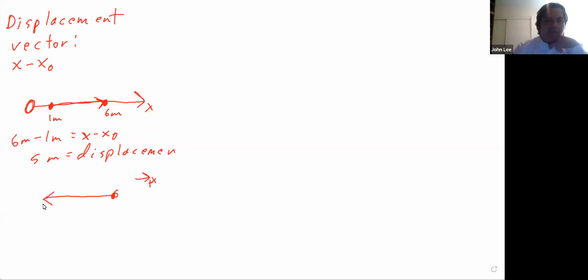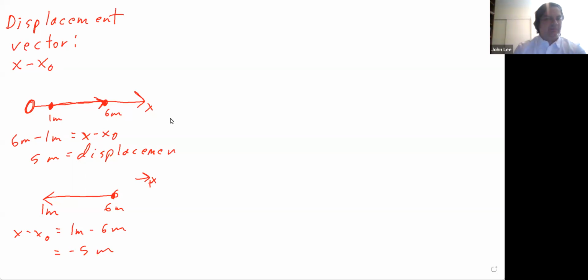So if you do that from 6 meters to 1 meter, then the displacement equals x minus x naught equals 1 meter minus 6 meters equals negative 5 meters. So yeah, that's pretty simple.